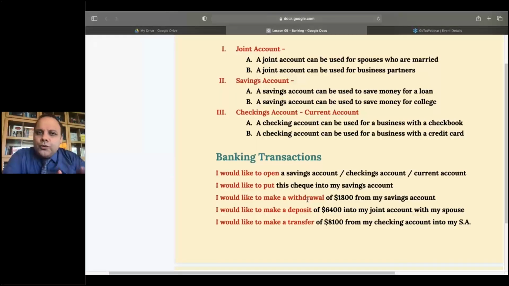Or maybe you go to the bank and you want to put your check inside your account, right? So you have a check, you received a check from your boss, from your employer. Now you want to put this check into your account. The sentence is, good morning, sir. I would like to put this check into my savings account.